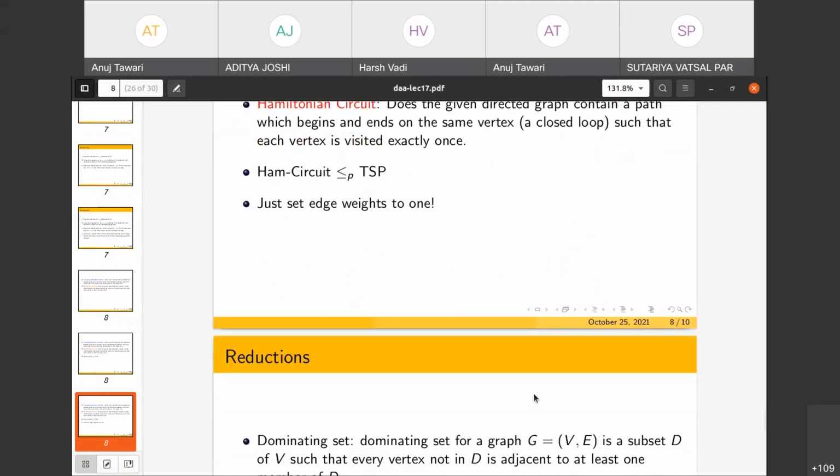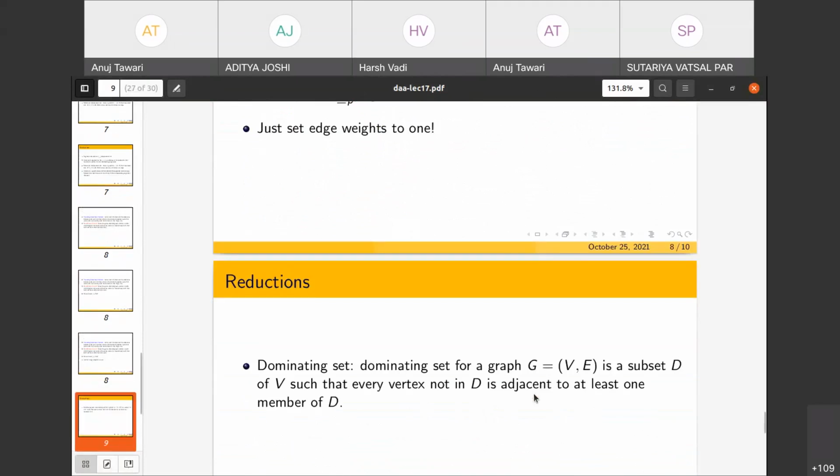Let's see some more examples. Now I want to introduce to you this dominating set problem. What is the dominating set for a graph?